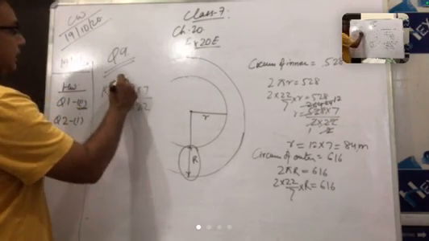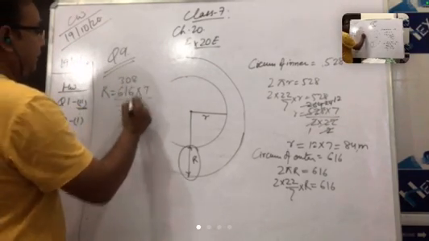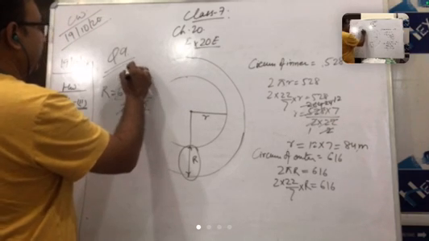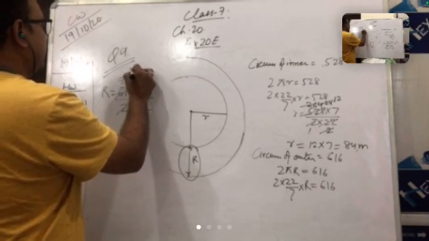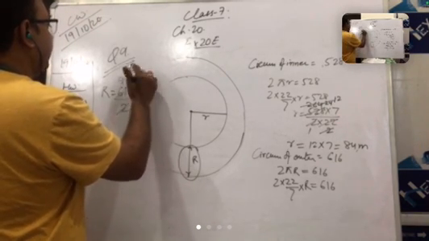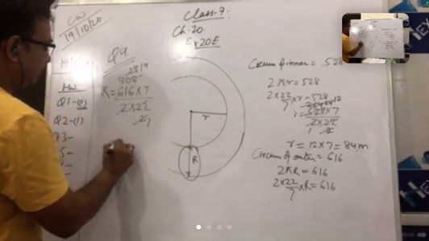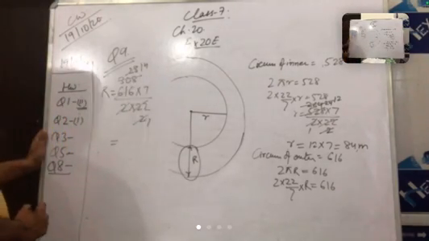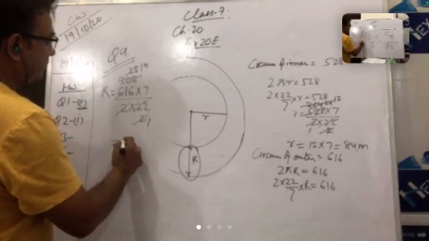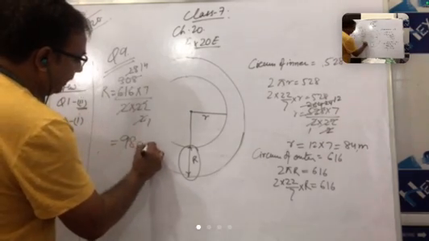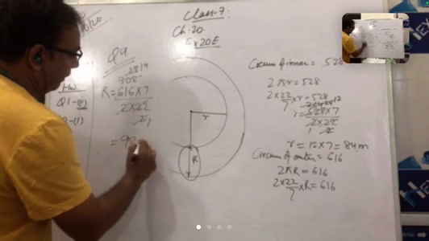Now cancel this, 308. Now it will be cancelled with 11. 11 twos are 22, 11 twos are 22, 88, 28. Now it will become 14. 14 sevens are 98. 98 meter.